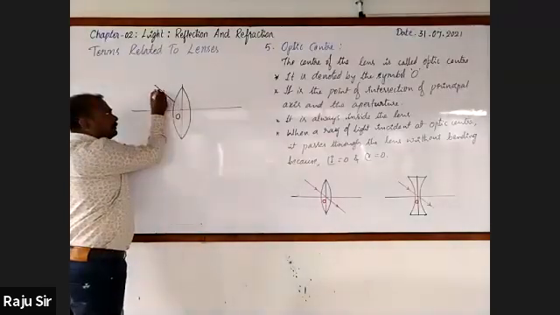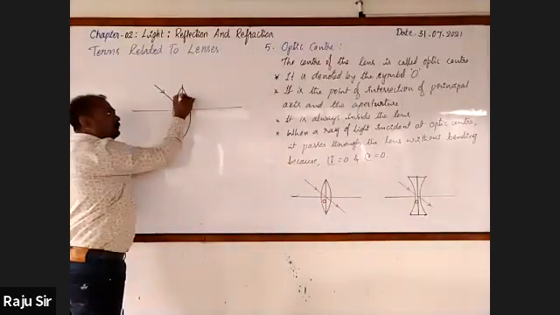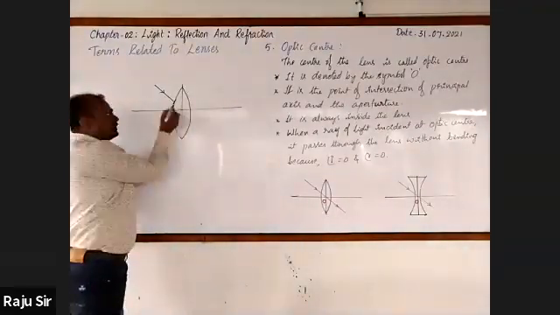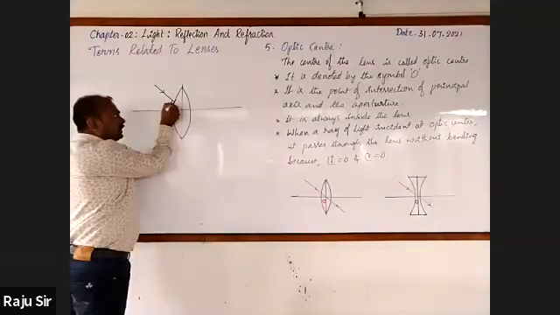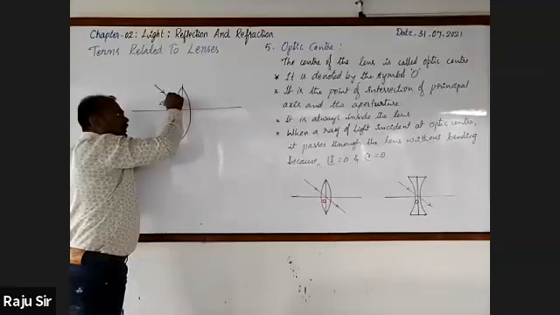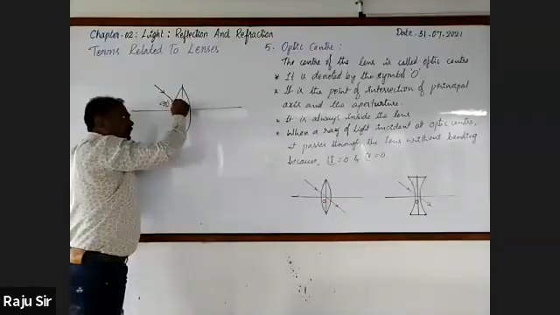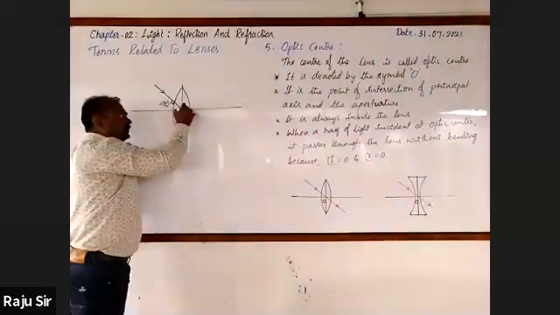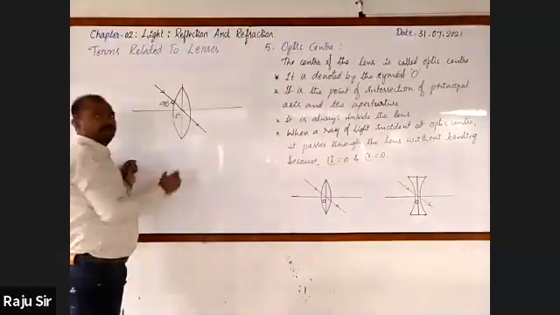When you observe this ray with respect to the surface of the lens, it is 90 degrees. And when it is incident at optic center, it passes through without bending.